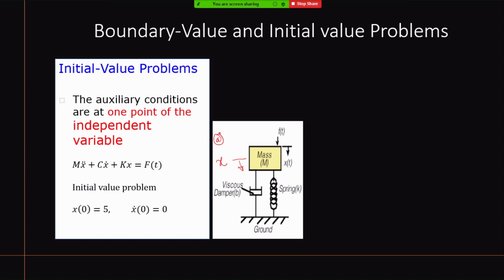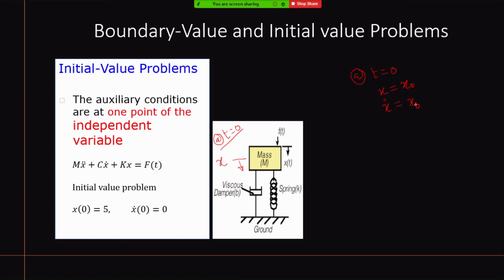That is what is called initial. We are going to define an initial configuration of the system at time t equal to 0. That is called an initial value problem, because you define at time t equal to 0 what my displacement is, maybe x0, and what my velocity is, that is x0 dot. So this type of problem is called an initial value problem.